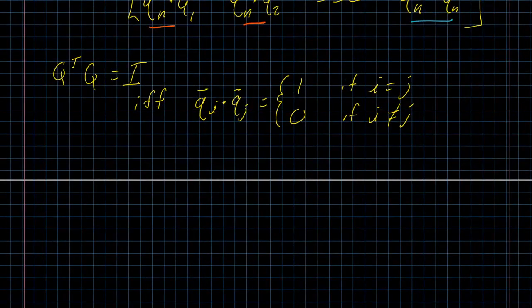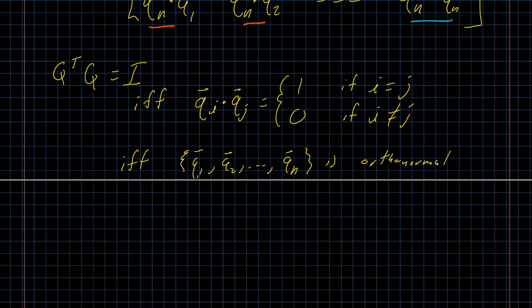So this is true if and only if the set q1, q2, down through to qn is orthonormal. So the matrix product Q transpose times Q is equal to the identity matrix if and only if the column vectors of Q are orthonormal vectors.